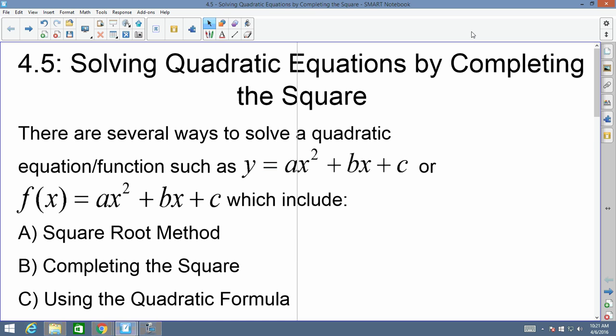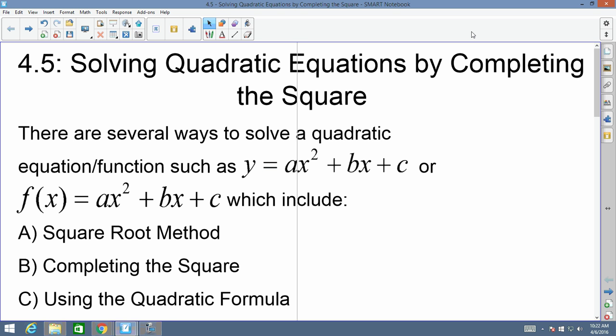As of right now, all of you should feel very comfortable and confident in graphing a quadratic function. You find the axis of symmetry, negative b over 2a, that equals x. That's the x value of the vertex. You plug that x value into the function and find the y value.